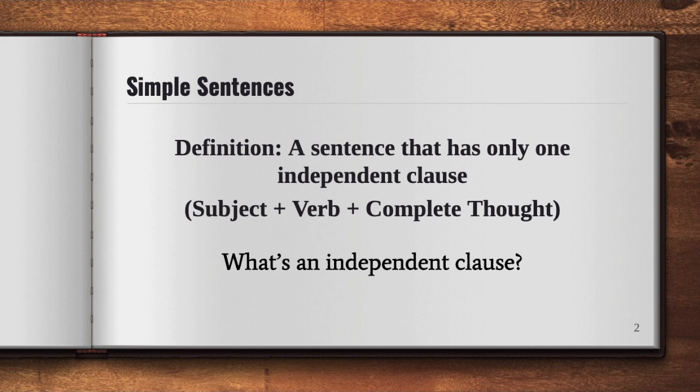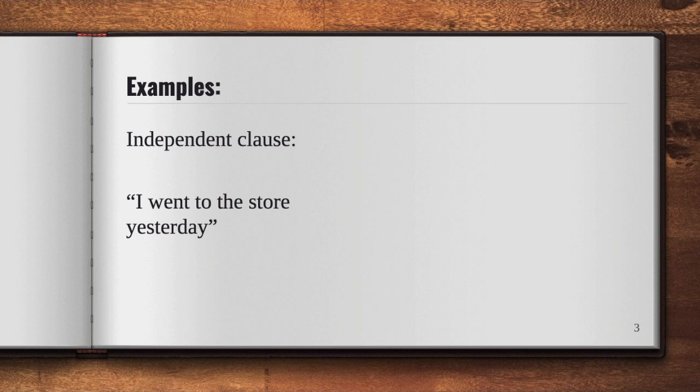So what is an independent clause? An independent clause is, I went to the store yesterday. So we have our subject, I, went is the verb, and then to the store yesterday is a complete thought. The dependent clause is to get milk.